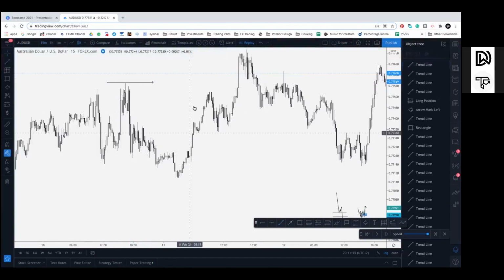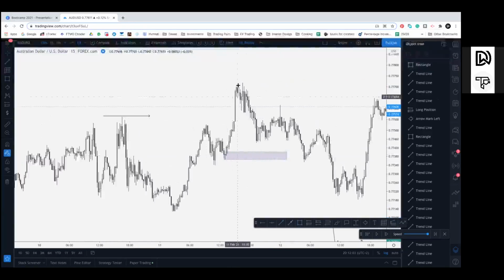You see, this is the big push, and then we had a pullback. So this candle is an order block because it broke structure towards the upside, because we have that area. This push up broke structure, that's an order block.